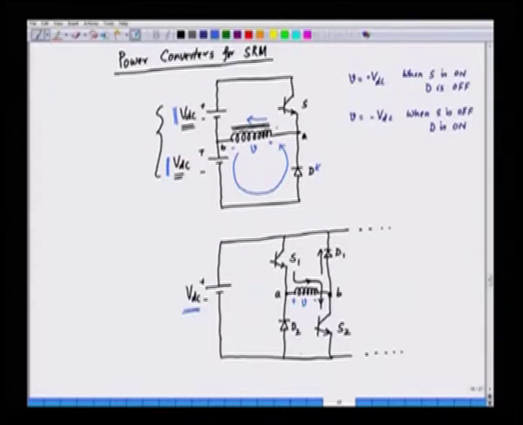Now, what we do here, we first turn on S1 and S2. If we turn on S1 and S2, what happens? The current path is given like this. This is the path of the current.